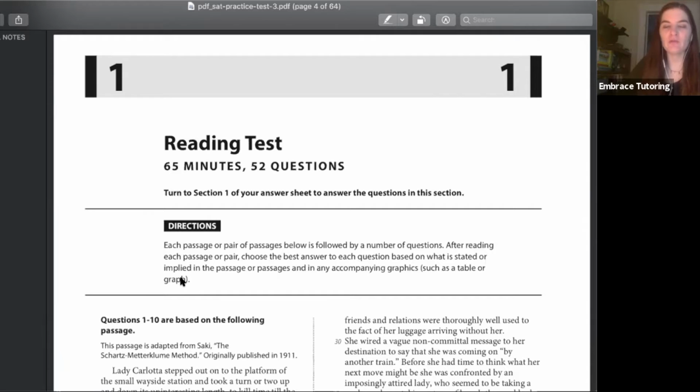Another thing you should do the day before your exam is to make sure that the evening before you eat a healthy meal for dinner, so skip out on the sugar and things like that. Make sure you're giving your body good fuel to get you through the test the next day.